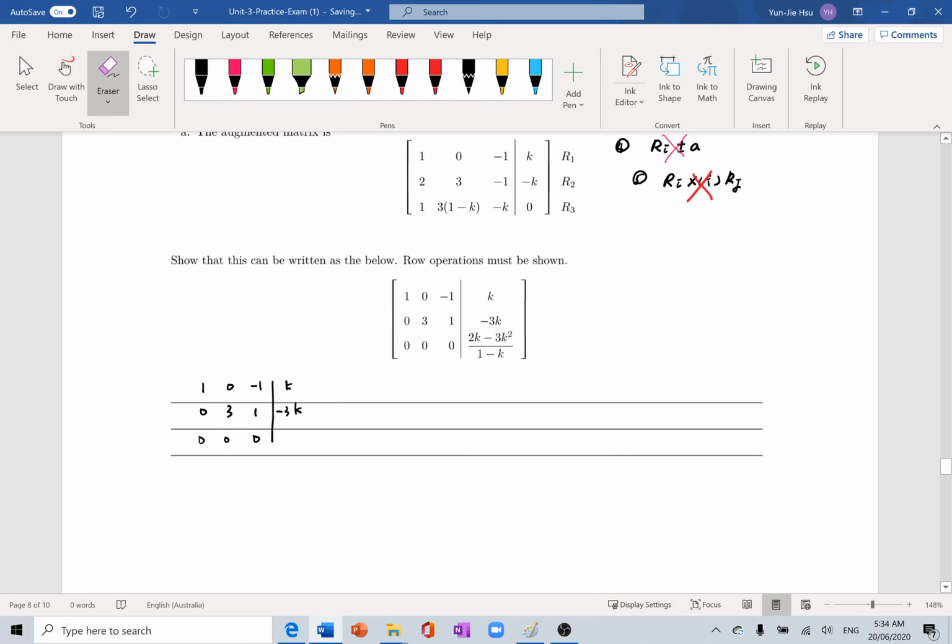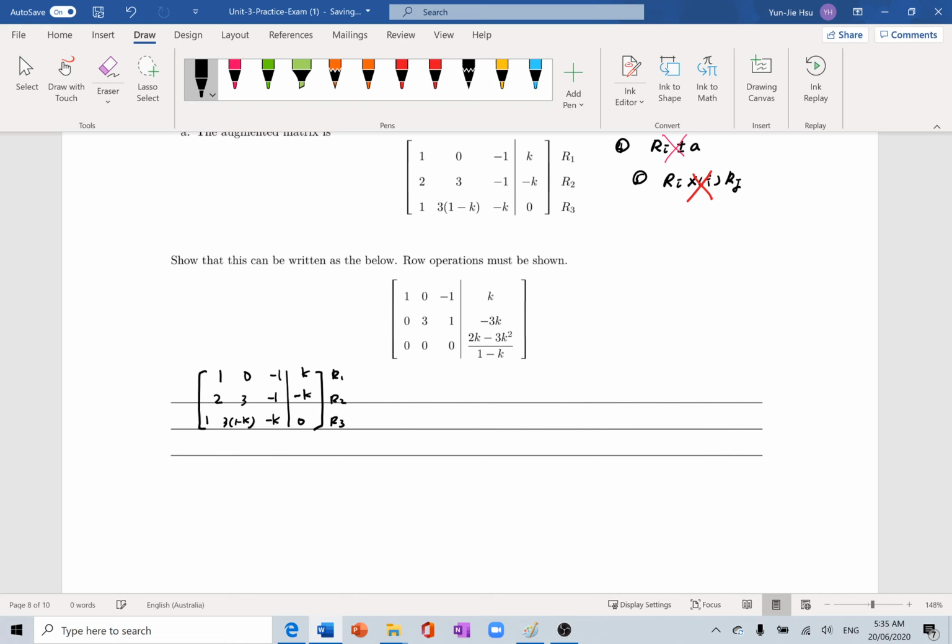Sorry. That's the result. 1, 0, negative 1, k, negative k. 2, 3, negative 1, 1, 3, 1 minus k, negative k, 0. Row 1, row 2, row 3.